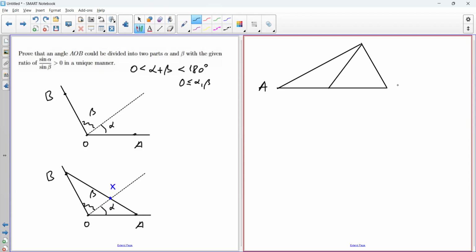So if we have here A, B, X, and here would be point Y. This angle would be phi, this angle would be psi.